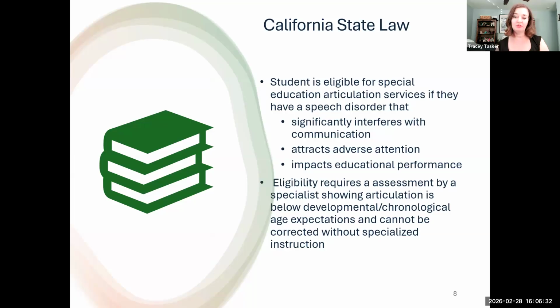California state law says that the student is eligible for special education speech therapy services if they have a speech disorder that interferes with communication or attracts adverse attention or impacts their educational performance. So this is why it's helpful to have that case history, because we want to make a case that they're eligible. And it requires an assessment.